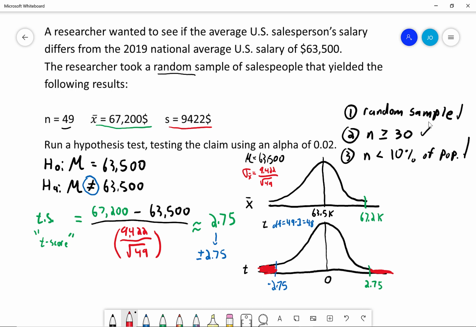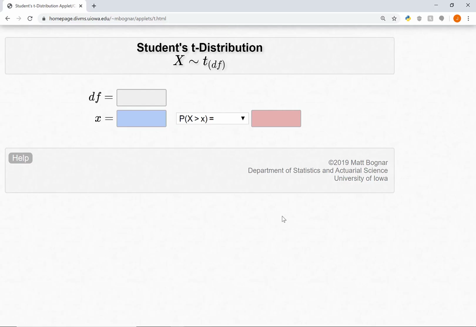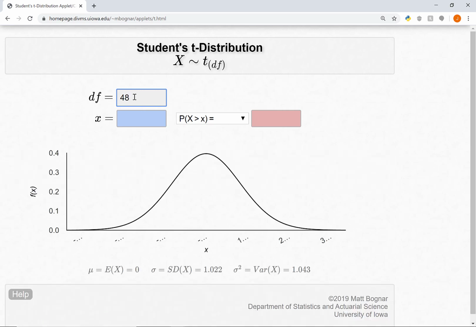To find this area, we'll need to go to our t-distribution calculator. So for our t-distribution calculator, we have 48 degrees of freedom, right? Our sample size minus 1. And we're trying to find the area associated with everything outside of 2.75. You can kind of see there's a blue line right here, and there's a blue line right there.